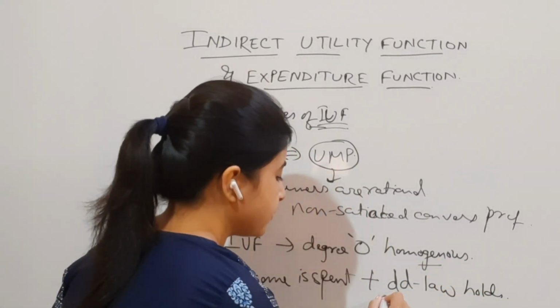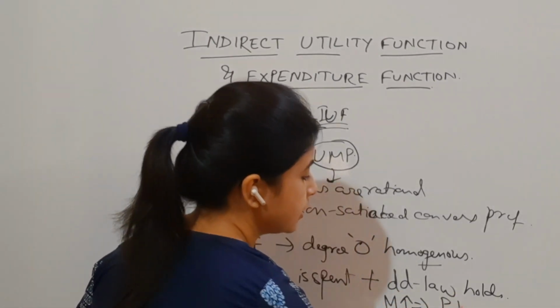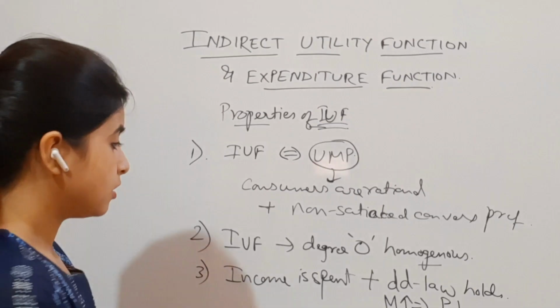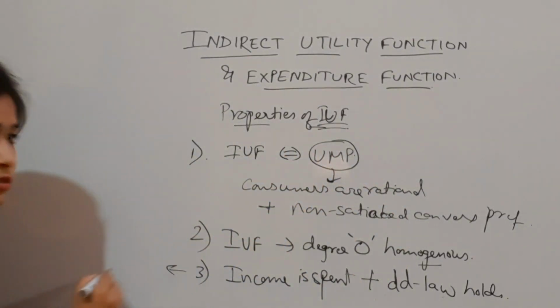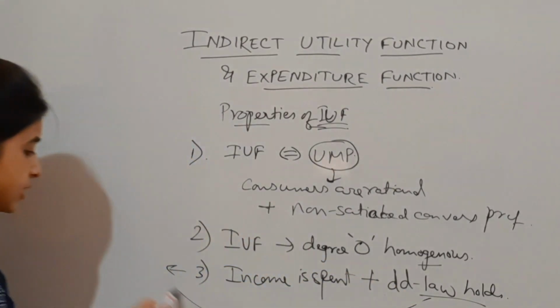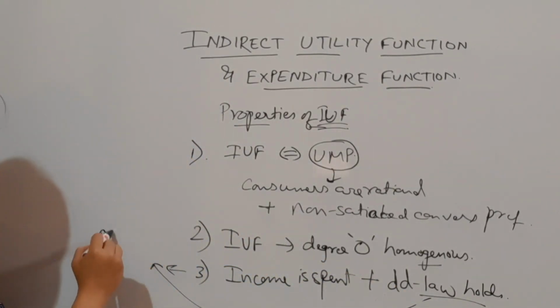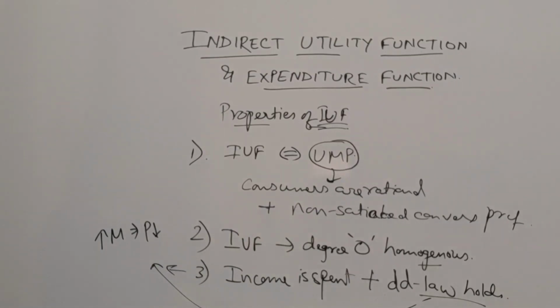That means if income goes up, we can find the prices go down, or rise less compared to the increase in income. So this is also an important property.